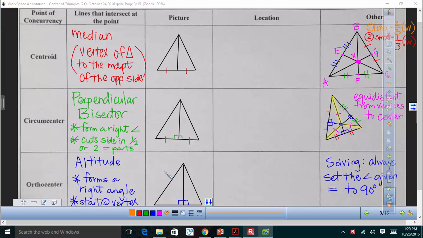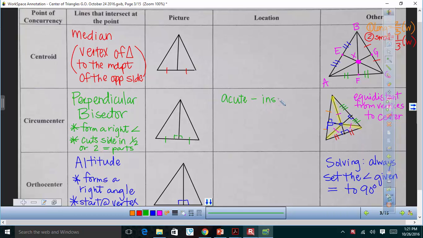Okay, so the first triangle center that we constructed yesterday together as a class was a perpendicular bisector. And as we did that, when we were looking at perpendicular bisectors, we saw that the location of the center when it was an acute triangle was, do y'all remember? It was inside the triangle.